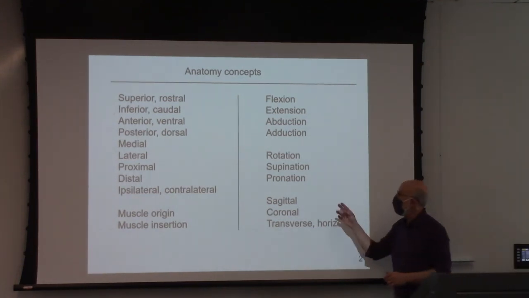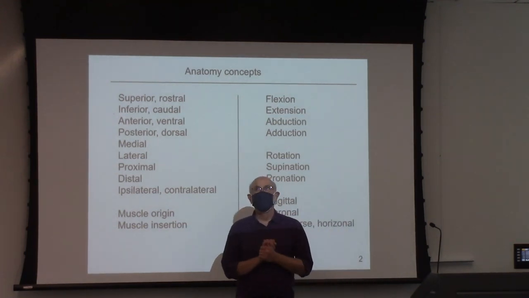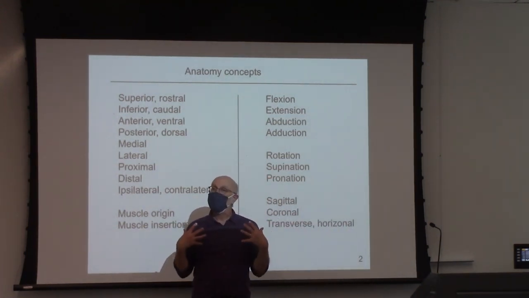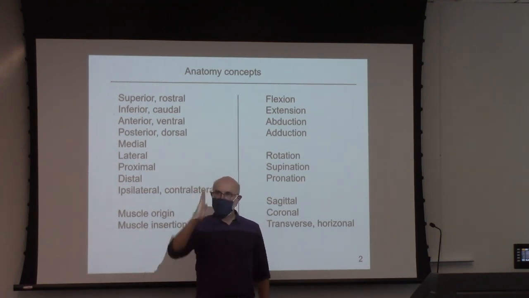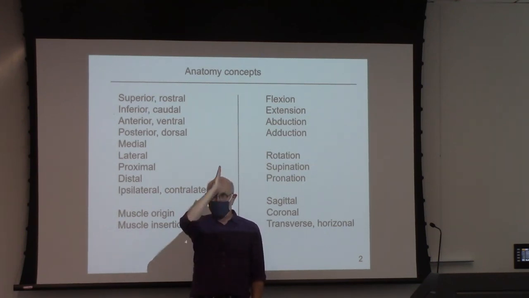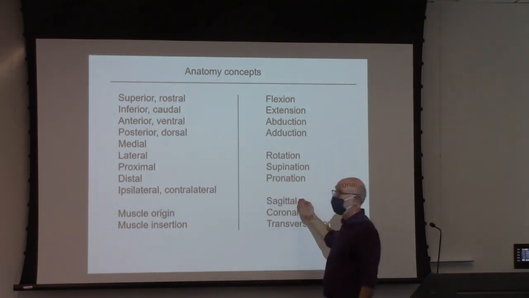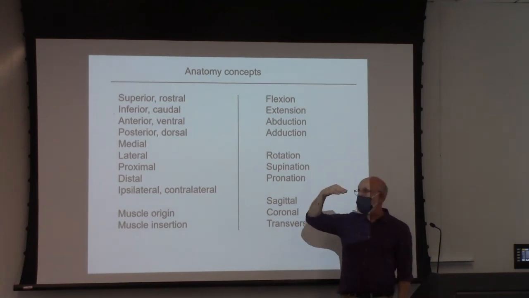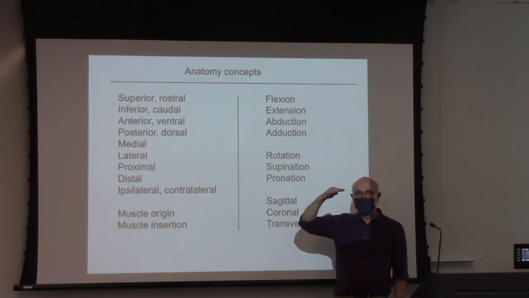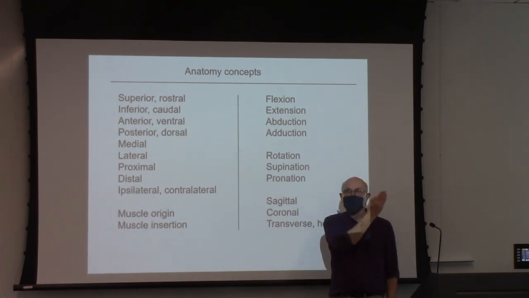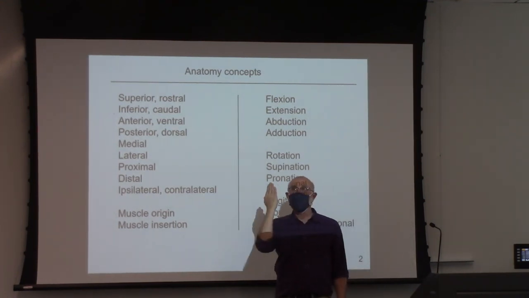Oh, I didn't do sagittal. We're a three-dimensional entity, right? And we have names in three dimensions. Sagittal is a plane that runs like this. So this is a midline or a medial sagittal plane. This is the coronal plane, and typically we only use that in the head.